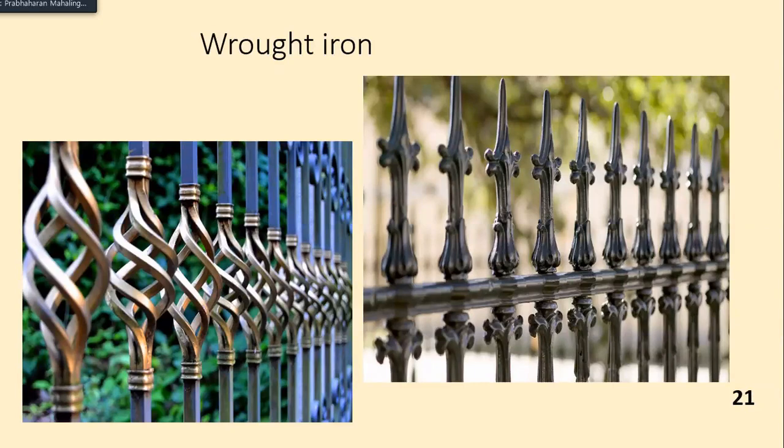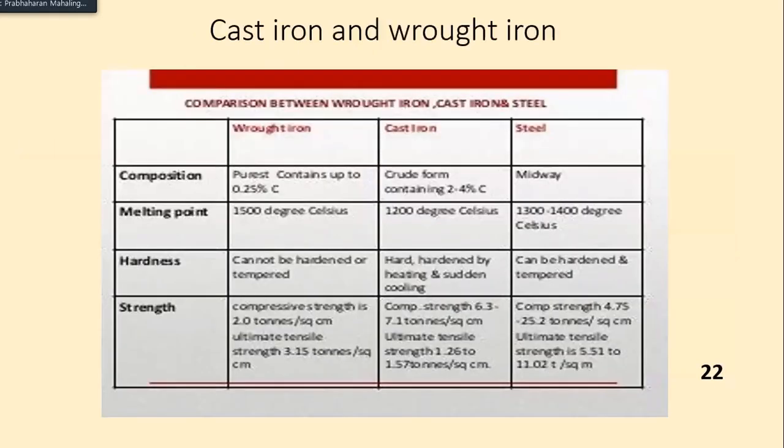If you have more than 0.5% carbon, that is mild steel. But around the 4% level, that is cast iron. Wrought iron has 0.25%, cast iron can have 4%, and steel nearly 2%.